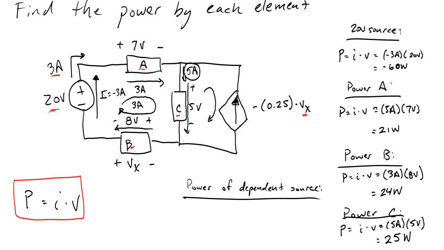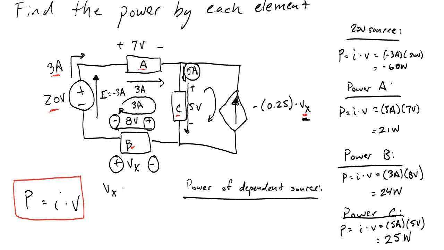First things first, we need to figure out what this Vx is. At first glance you're going to think Vx is 8 volts, but that would be wrong. We have to pay attention to the polarity markings in this givens labeling. We have a plus here, a minus here, and a minus here, and a plus here. So Vx is showing the opposite polarity of what's marked 8 volts, so we have to add a negative.